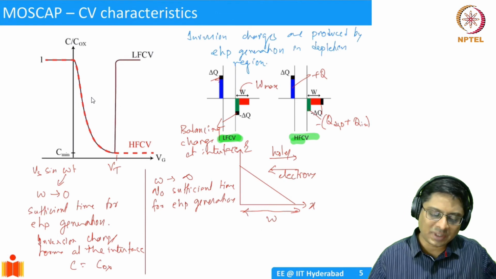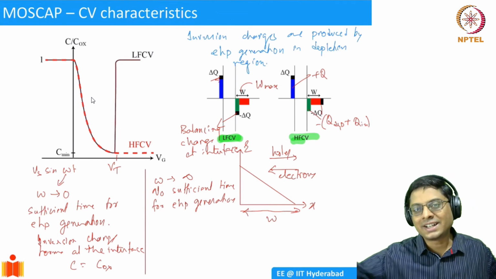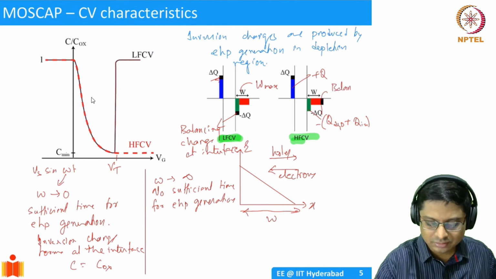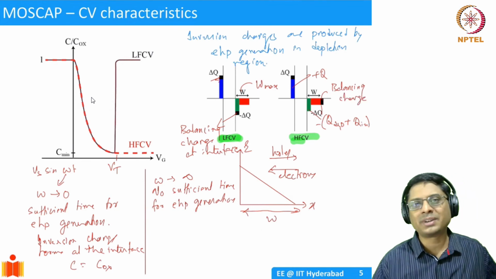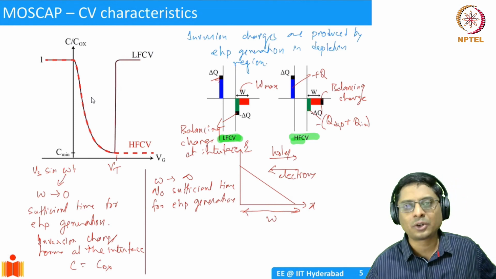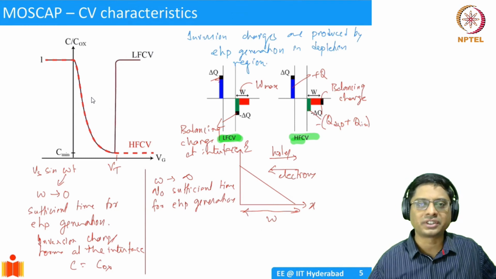Now if I add a plus delta Q, the minus delta Q can only come from extending the depletion region. This is a balancing charge. Why does this have to come at the edge of the depletion region? Because there is no sufficient time for electron hole pair generation. So the inversion charges cannot come to the interface.